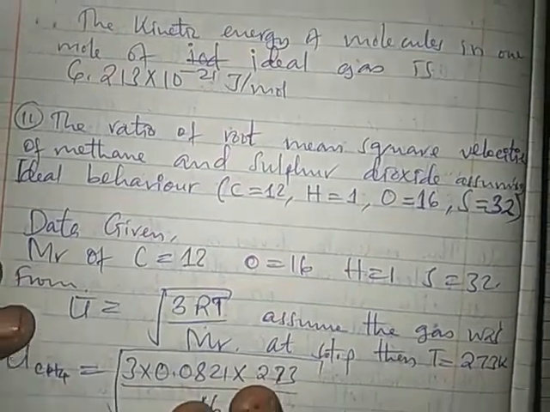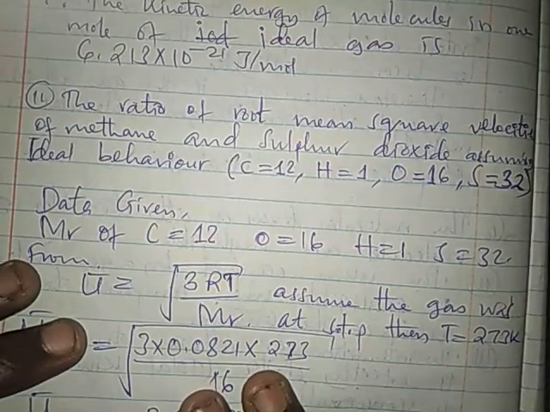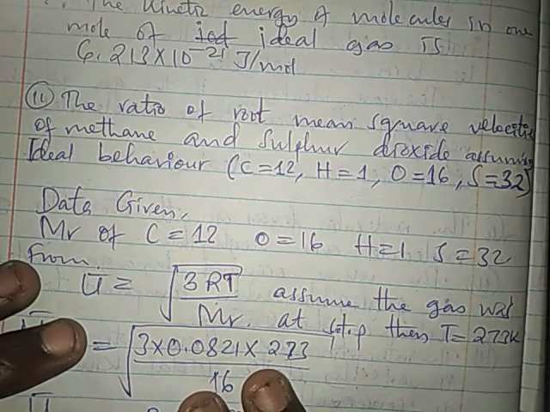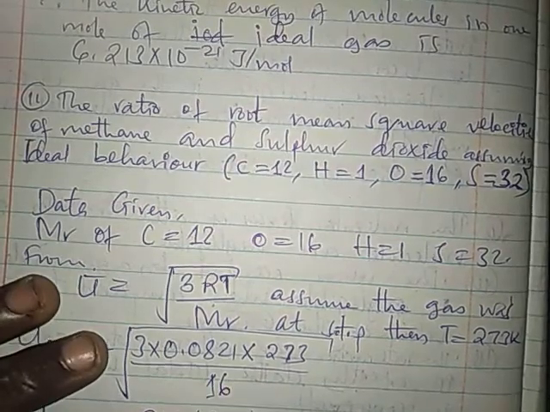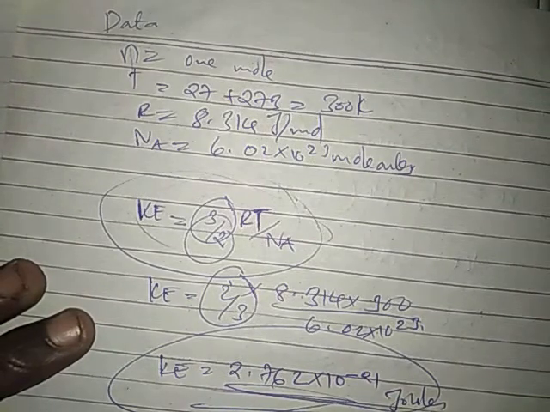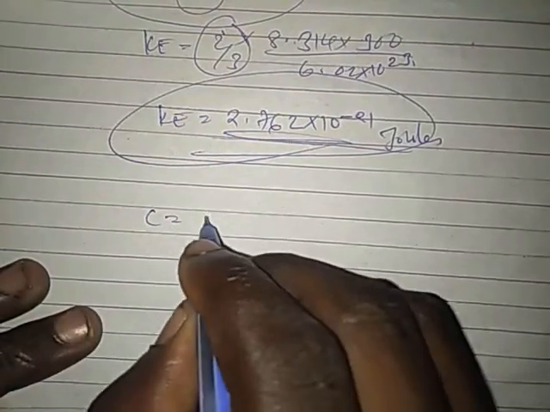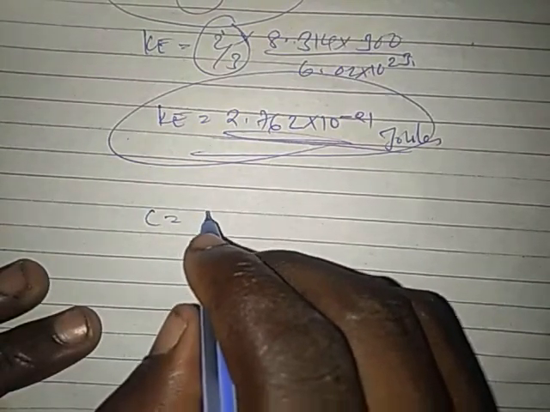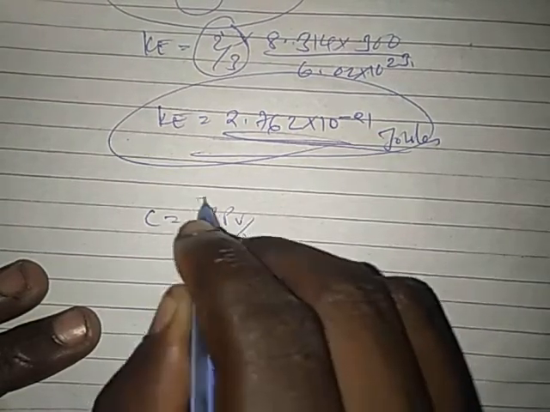Lakini pia kwa mfano swali la pili anasemaje? The ratio of root mean square velocities of methane and sulfur dioxide assuming ideal behavior. Tunatafuta ratio nini? Ratio ya root mean square velocities ya hizo two gases. Now remember we said the root mean square velocity is equal to square root of 3PV divided by molar mass.